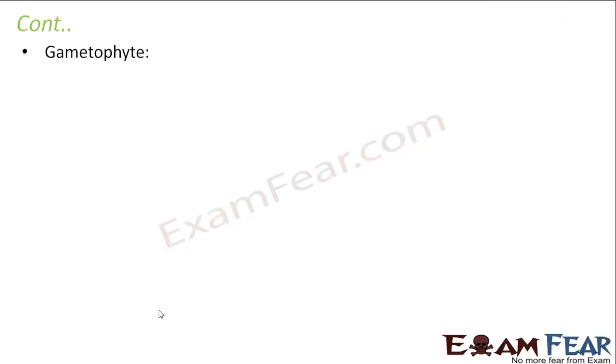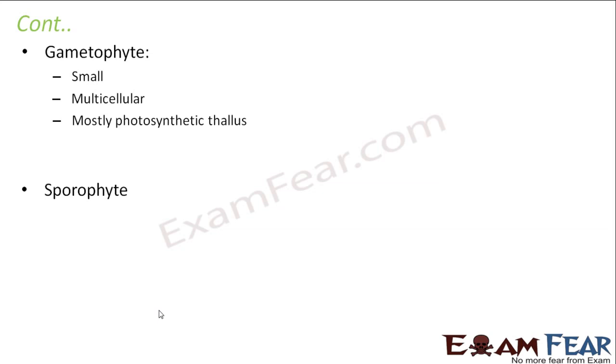Once we have understood this, now it is time to talk about the gametophyte and the sporophyte. So let us look at the distinction between a gametophyte and a sporophyte in case of a fern. So in this case, we saw that gametophyte was small, however multicellular, mostly photosynthetic thallus.